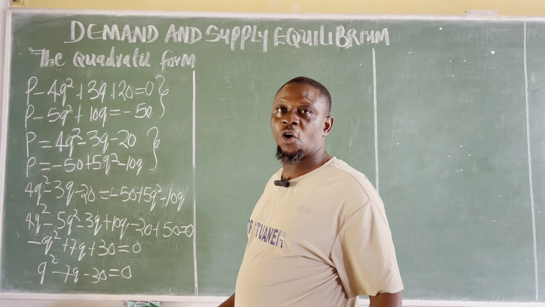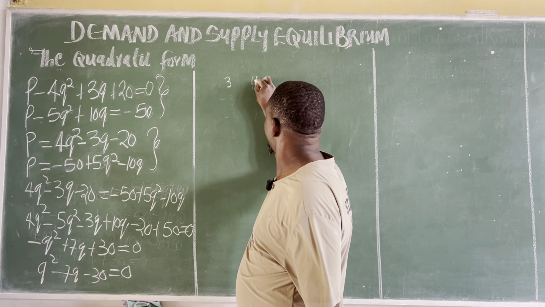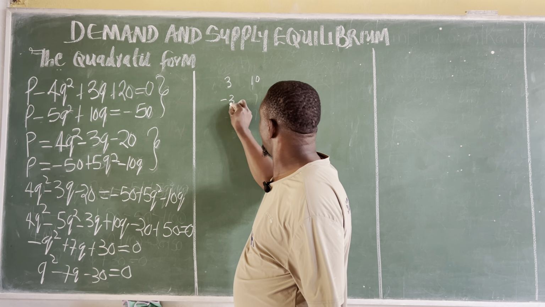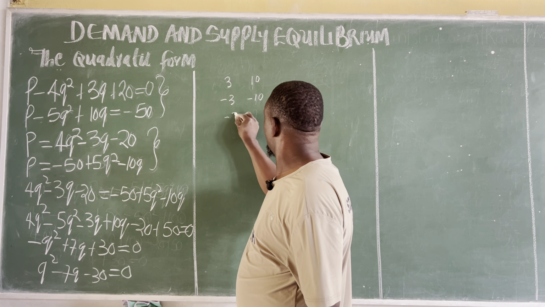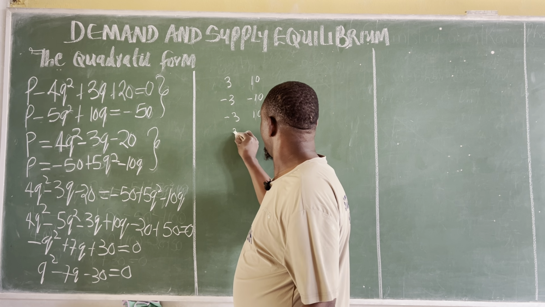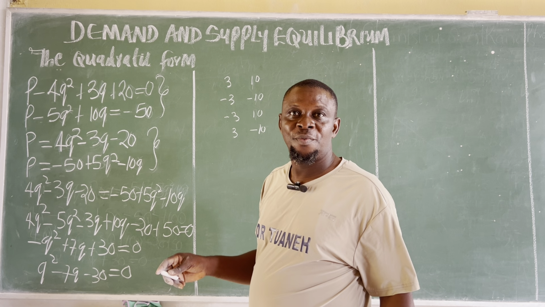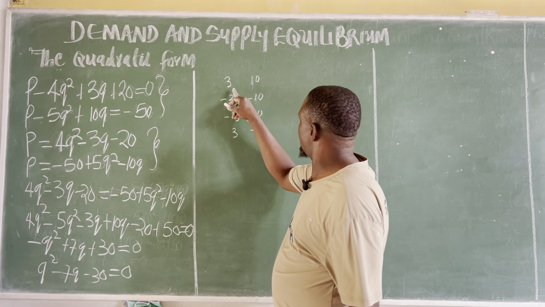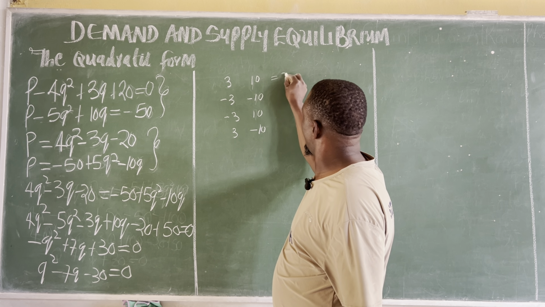So the values that come to mind are 3 and 10, minus 3 and minus 10, minus 3 and 10, and then 3 and minus 10. So which of them is correct? Now, if you say 3 times 10, that's going to be 30.